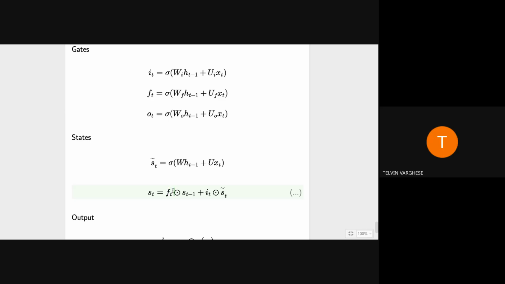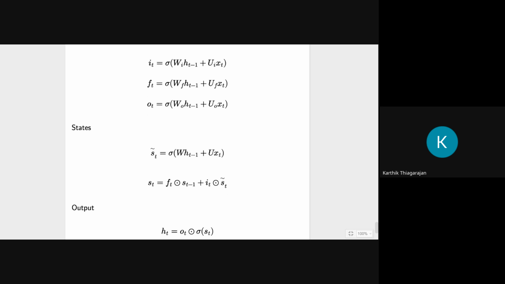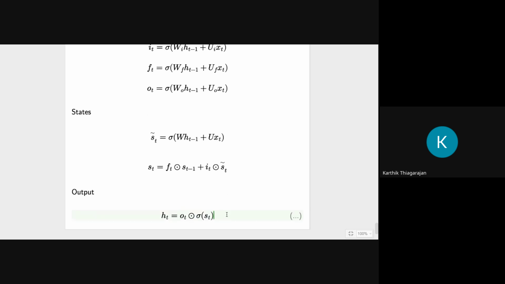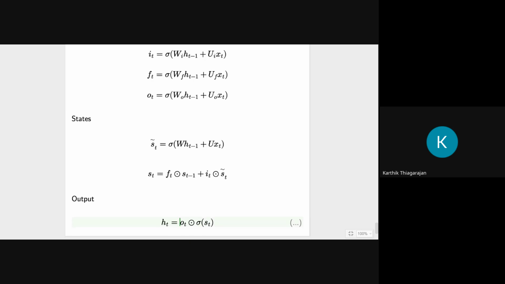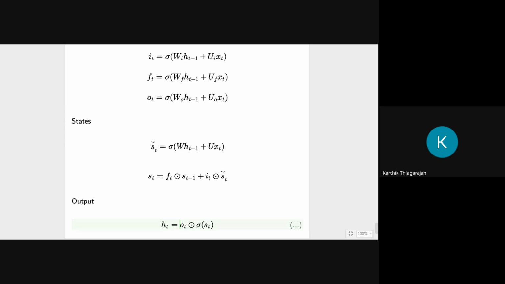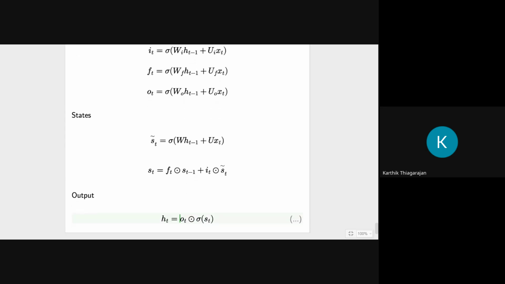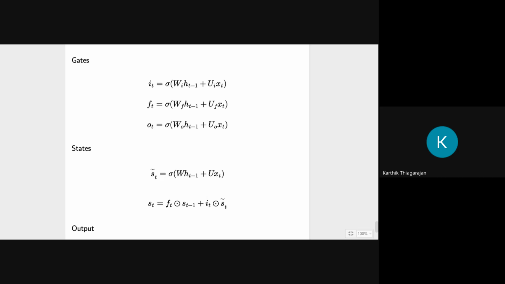Even HT has the same dimension, because we calculate it using ST. So HT, ST, IT, FT, OT, all of them have to have the same dimension. Only then can you perform the respective operations.